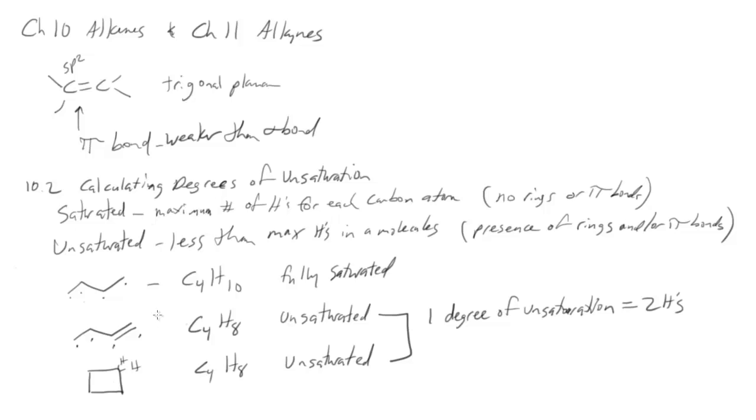So we can look at these and we can determine a formula for what saturated is. So saturated compounds have a formula of CnH, so however many carbons there are is n, and if you look at the difference between here and here, it's 2 times n plus 2.